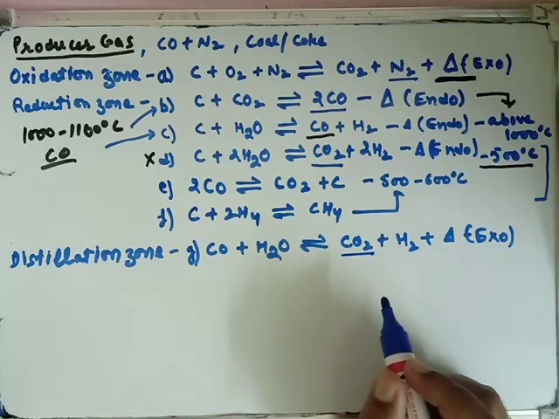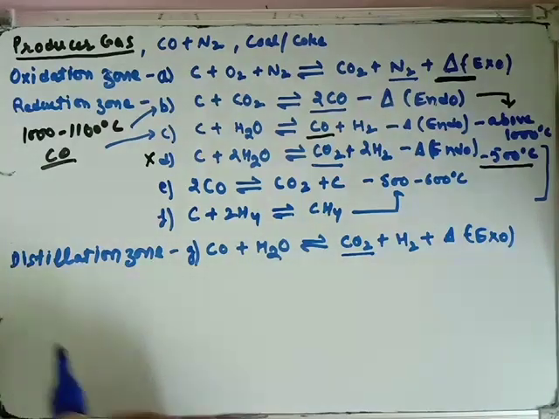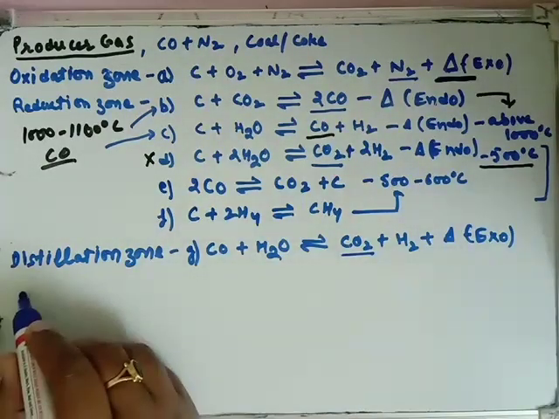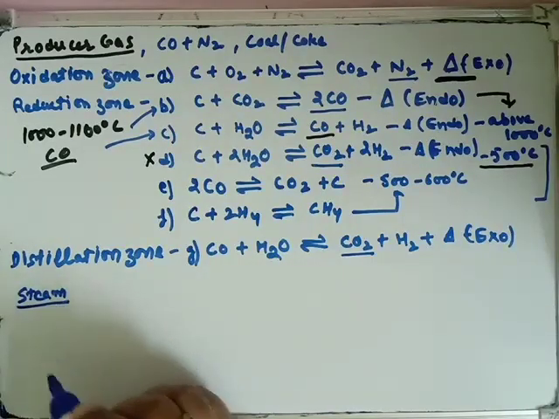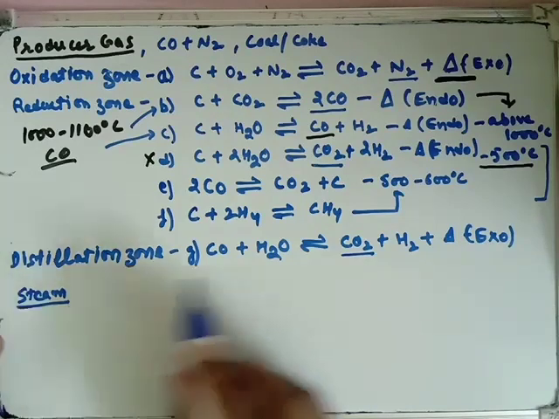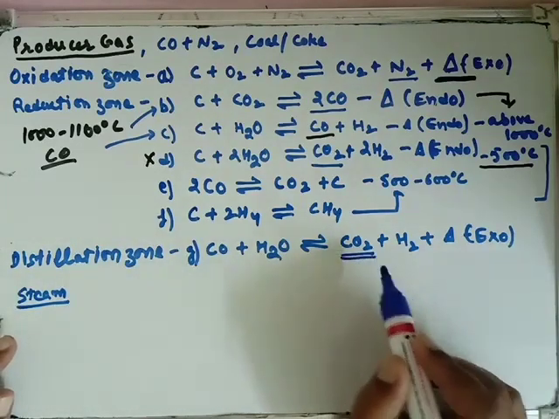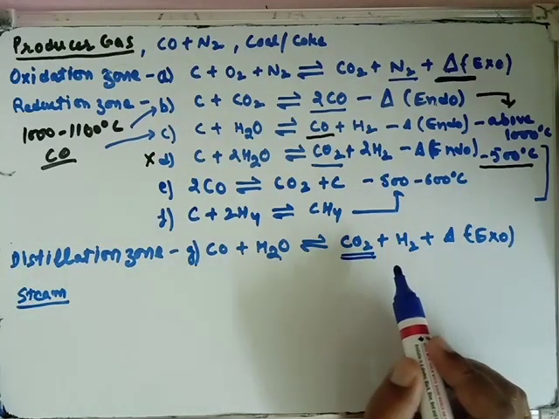Now there are two points. The first point is that the concentration of steam in the gas producer has to be controlled, so that carbon dioxide is not produced.